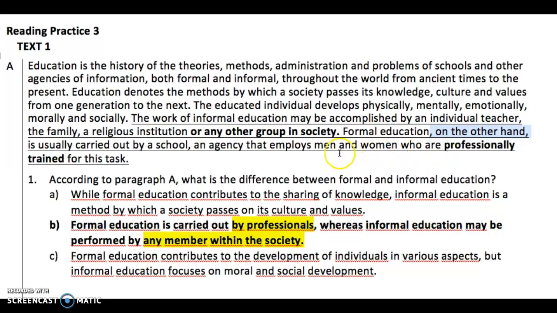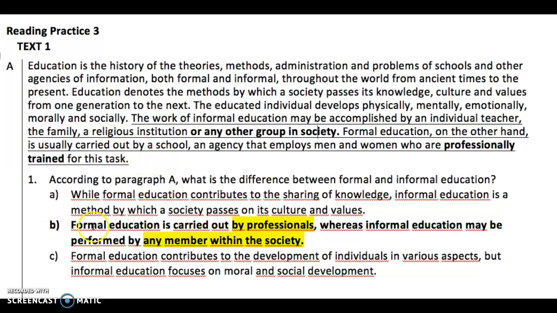So here, formal education is given by professionally trained people, and the informal one is given by any group in society, like teacher, family, religious institution.